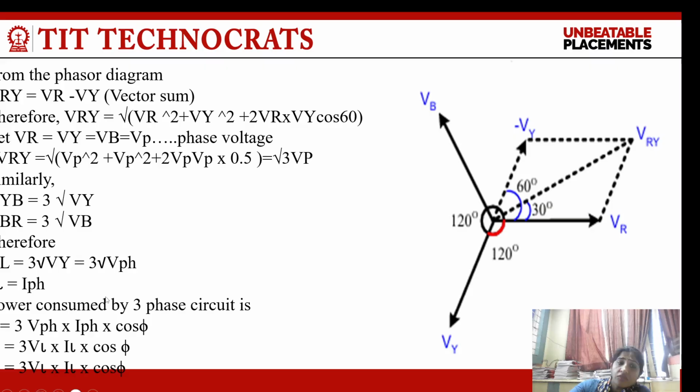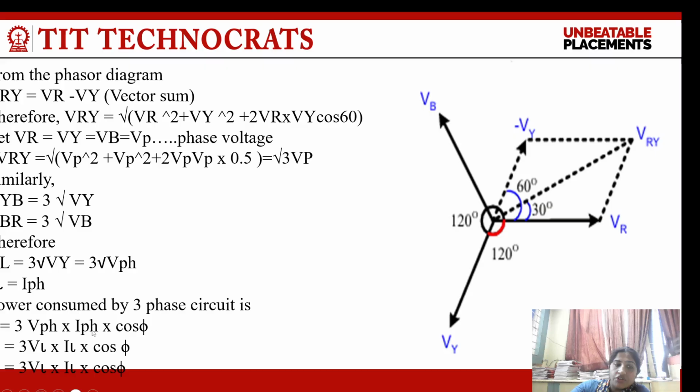Now, the power consumed in the star connection is 3 times the power in each phase. The power in each phase is the phase voltage into the phase current into cos phi.